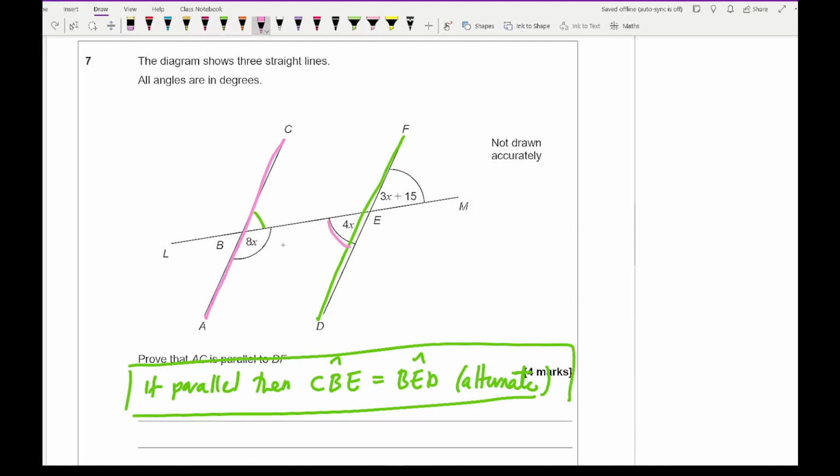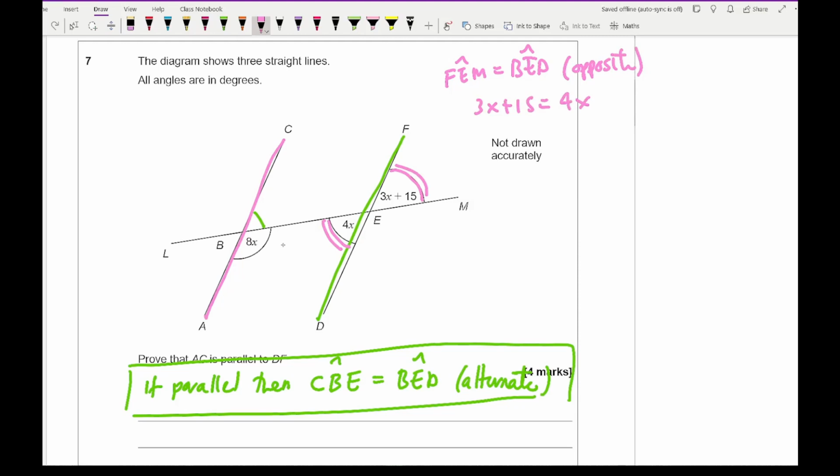Well, I know that LM is a straight line, so I know that these two angles here are equal. So therefore FEM is equal to BED because they are opposite. So that's a fact. So that means that 3x plus 15 equals 4x.